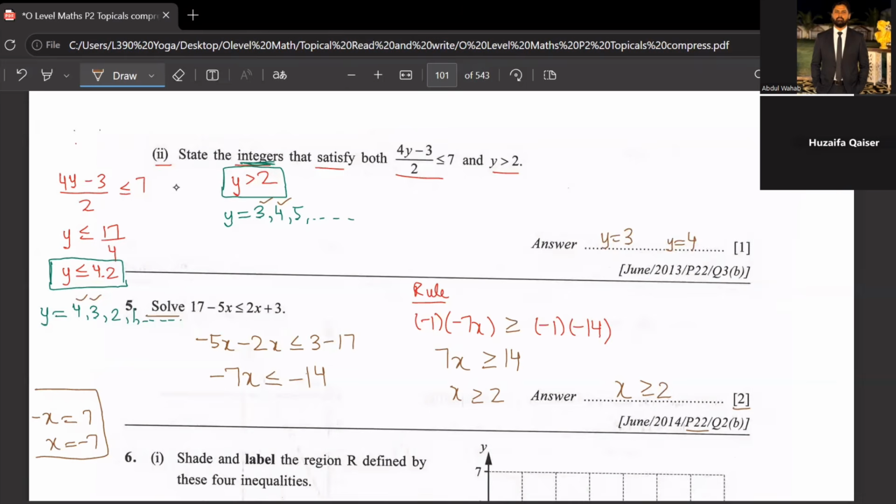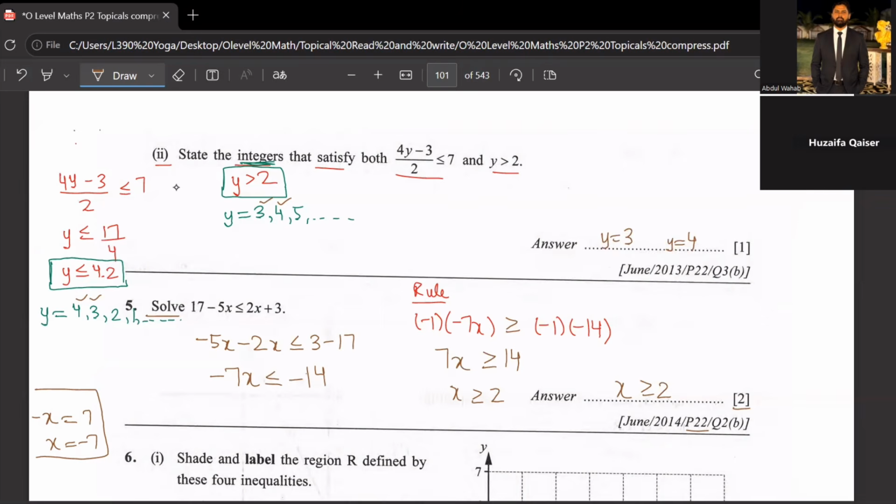Now, basically, we have two parts of inequalities. We are doing the topic inequality, in which one part has these types of simple questions, and in these questions, we just copy the less than or greater than sign. We only need to focus on one rule of inequality. When the negative sign comes on the variable side, we need to move the negative sign from the variable side.